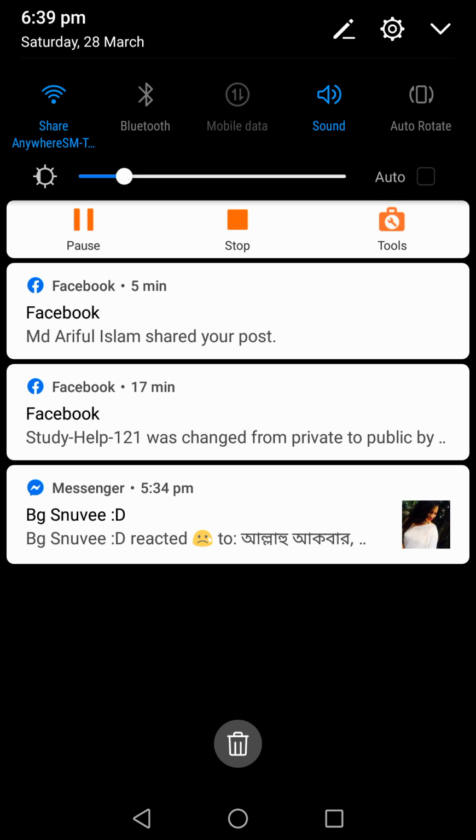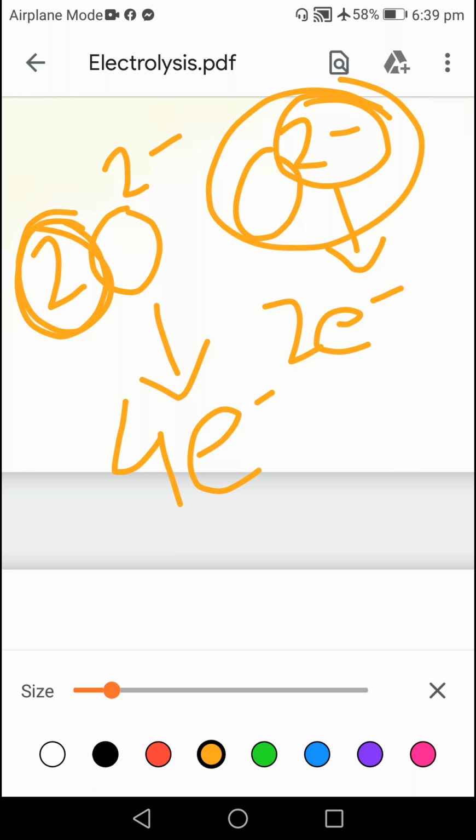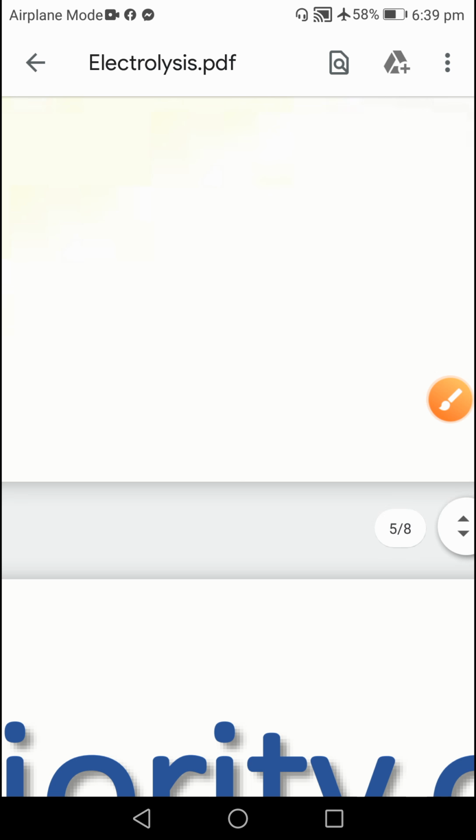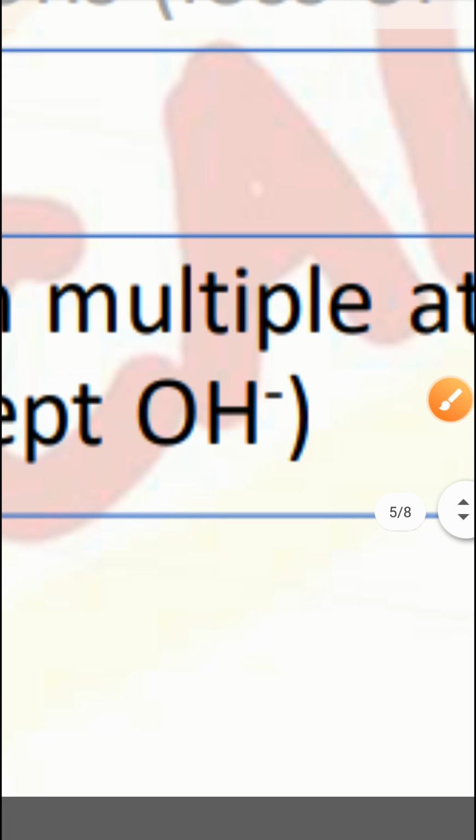So 2 oxygen will deal with 4 electrons. Again, what I'm repeating is that the total number of electrons lost or gained has to be equal to the total charge on the ions.